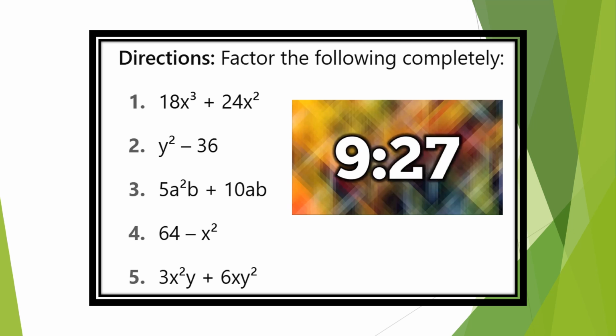Number 4: 64 minus x squared. And number 5: 3x squared y plus 6xy squared. For number 1, number 3, and number 5, that is a common monomial factor. Number 2 and number 4 are DOTS, or difference of two squares.